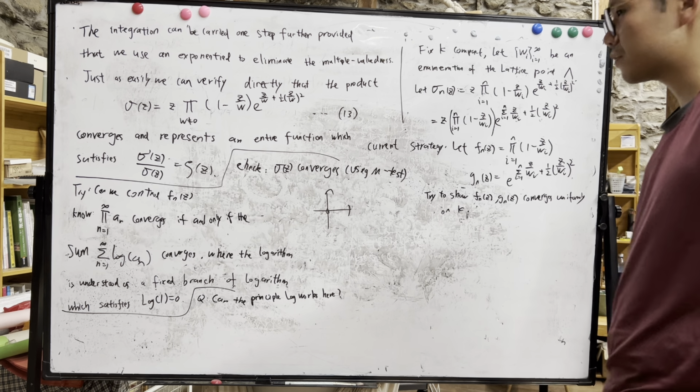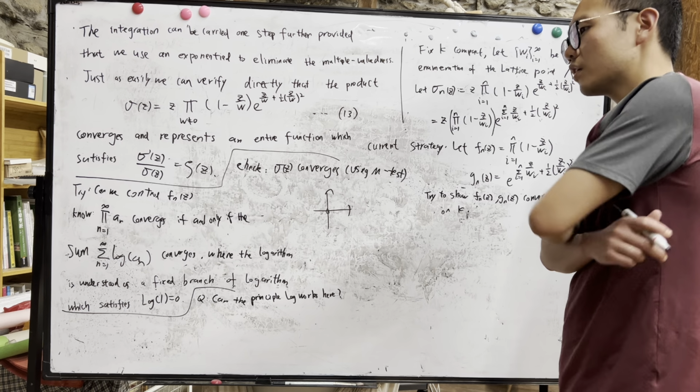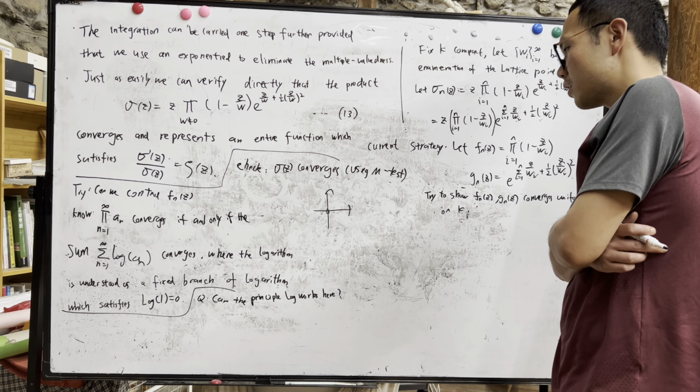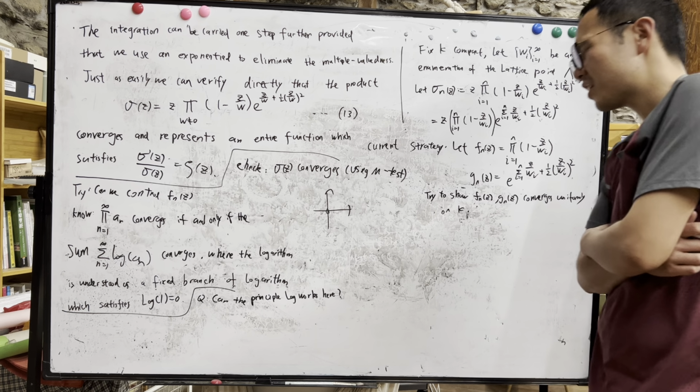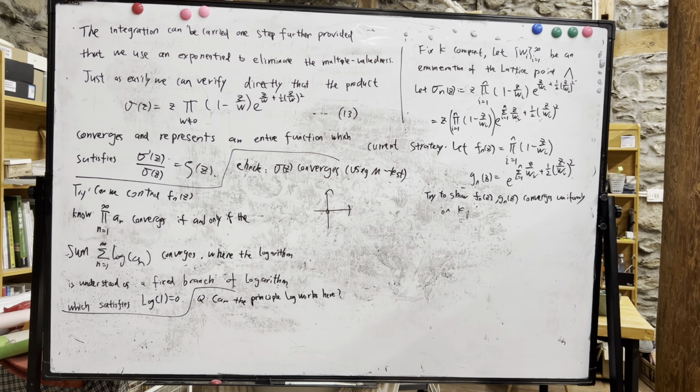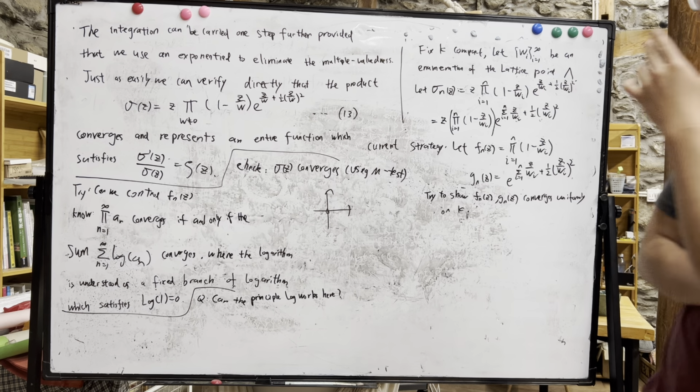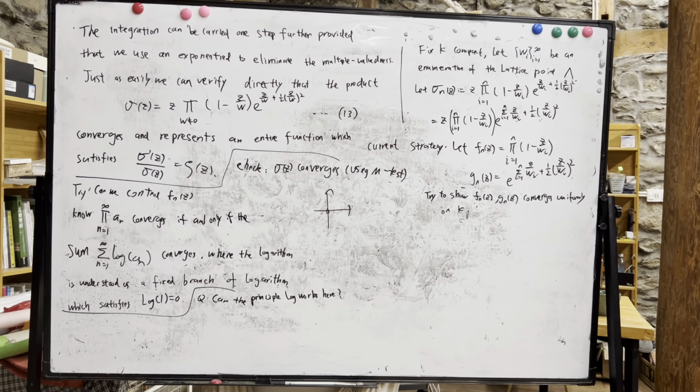Wait, the branch of log is the local inverse of the exponential map. Okay. So the log is the local inverse of the exponential map.